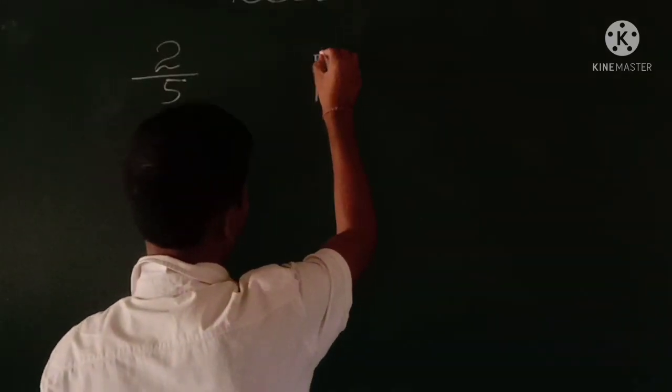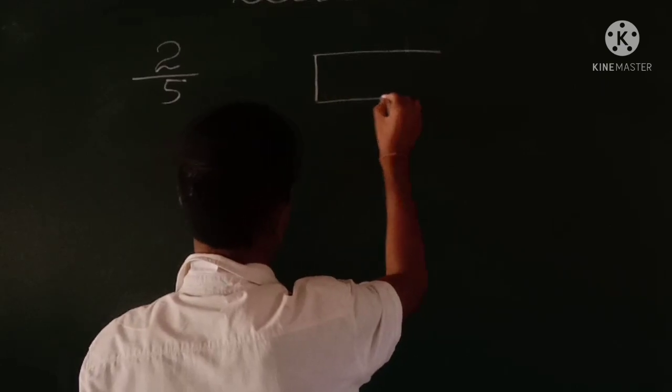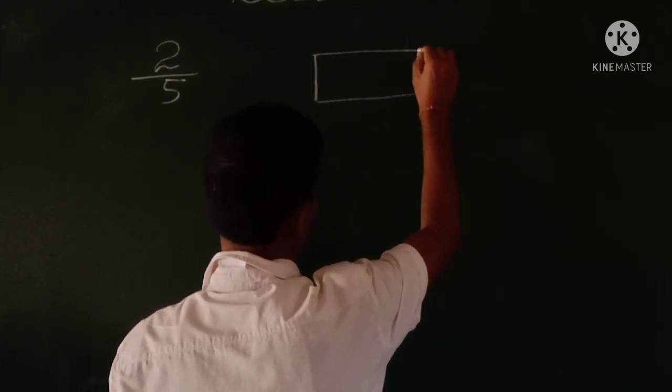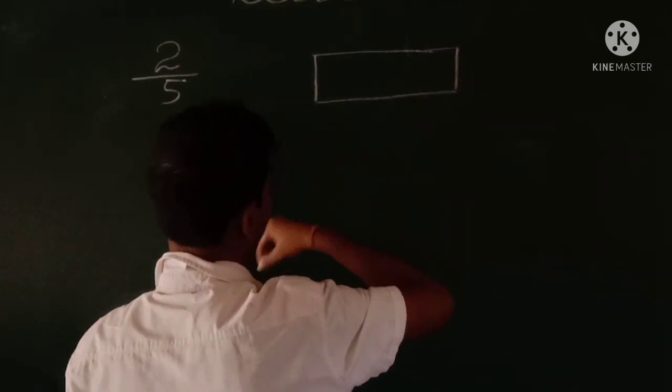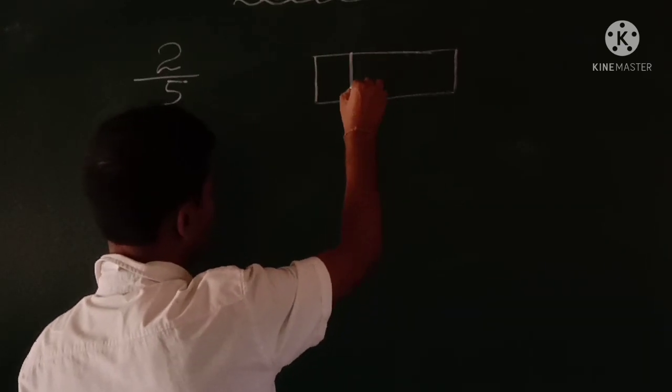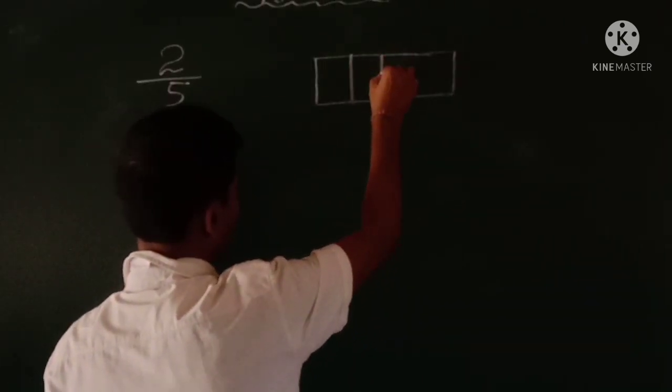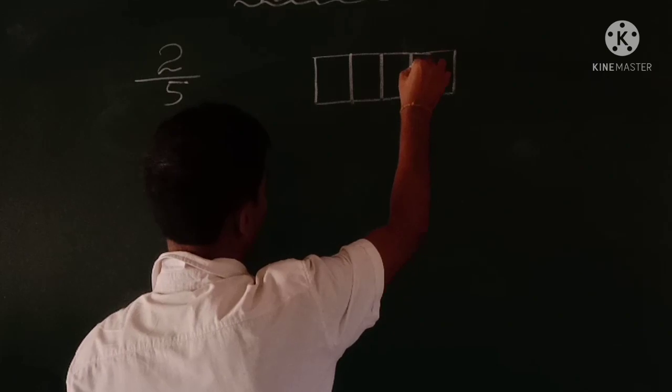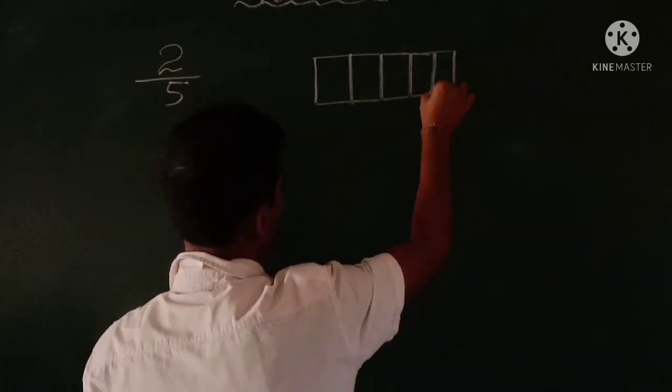This is what is called a fraction. Let us illustrate it with an example. Say this is a piece of cake, and we divide this piece of cake into 5 equal parts. 1, 2, 3, 4, 5.